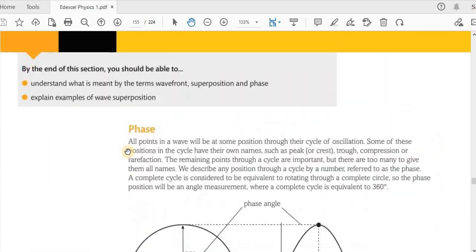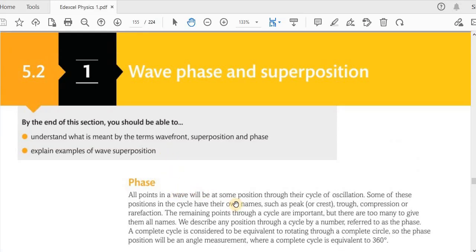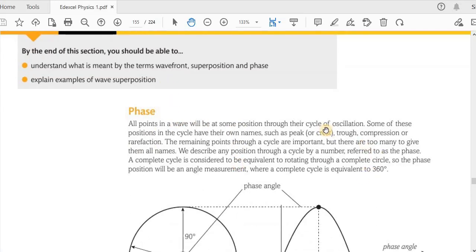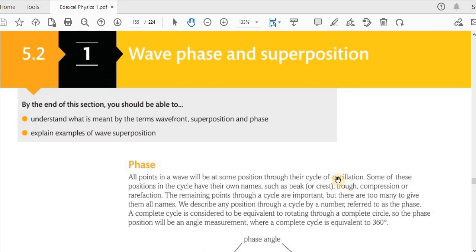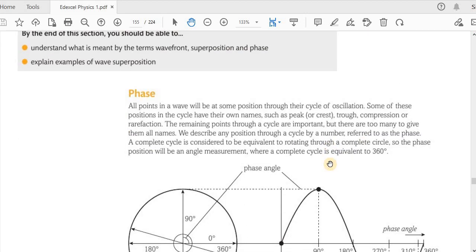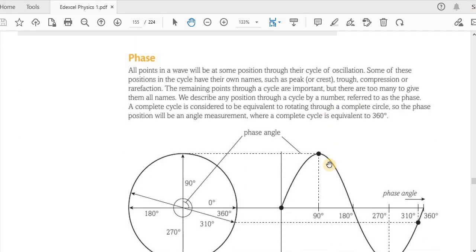Okay, let's go back to the beginning. Phase. All points in a wave will be at some position through their cycle of oscillation. Okay, so we already saw in the previous chapter how we can form a wave. I explained that we can form waves in a slinky, and there is also a video.